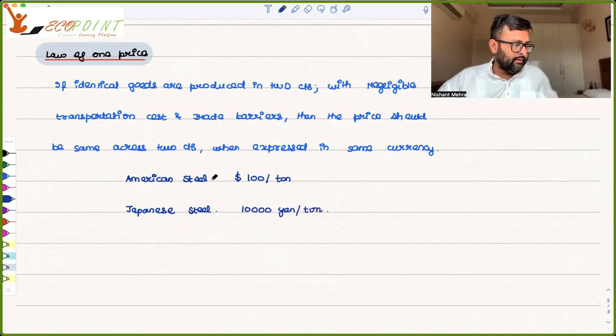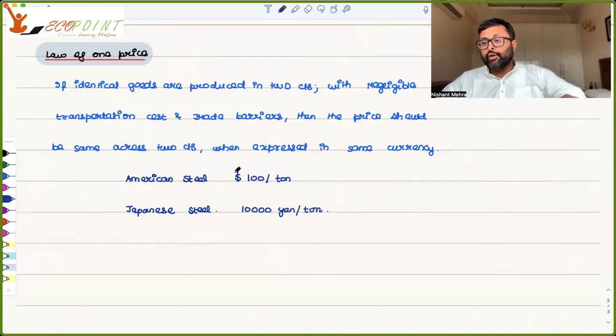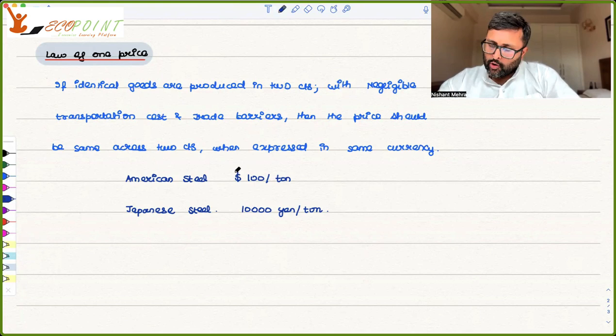If you want the law of one price to hold, whether you buy in the US or in Japan, the price should be the same if expressed in one currency.